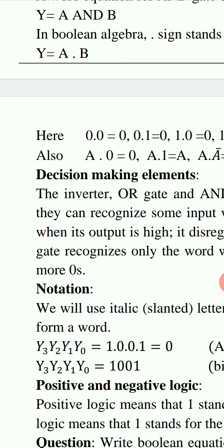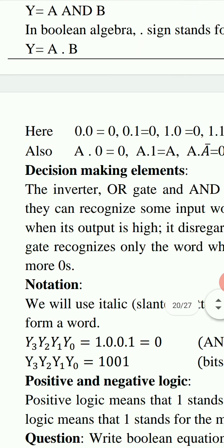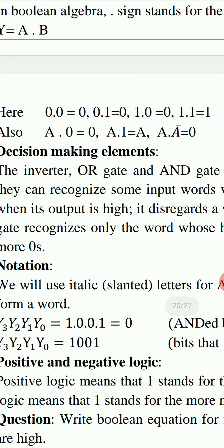In Boolean algebra, this AND operation is represented by dot sign, and output of this AND gate is written as Y equal to A dot B. Here 0 dot 0 is 0, 0 dot 1 equal to 0, 1 dot 0 equal to 0 and 1 dot 1 equal to 1.